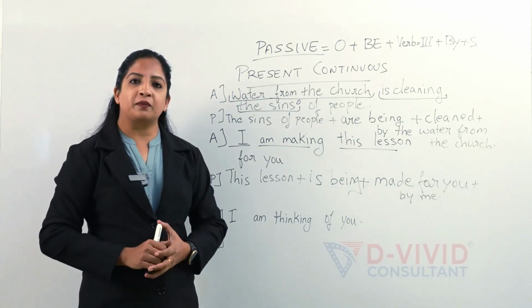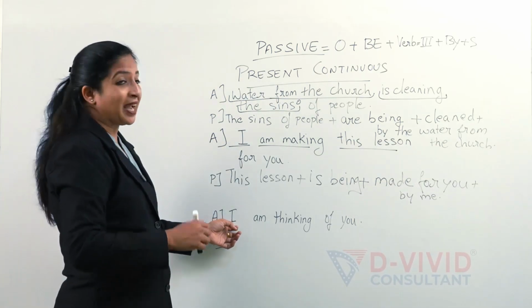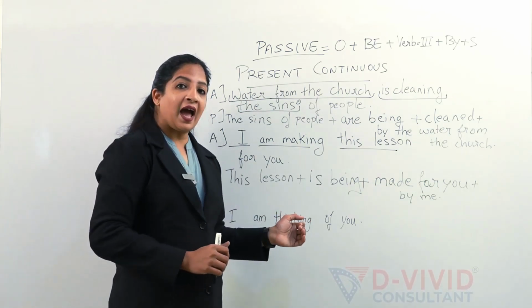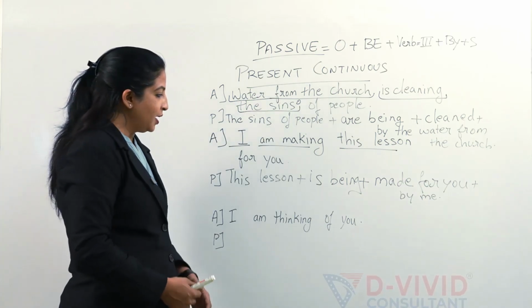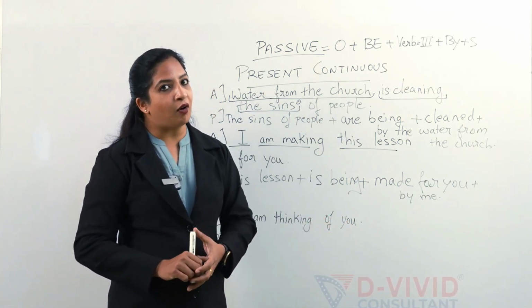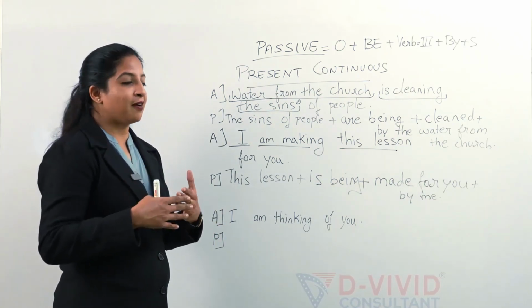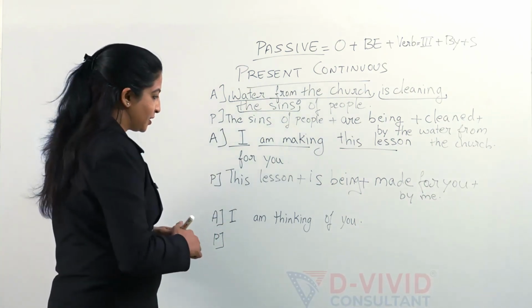Let us see this. I am thinking of you. So this is my subject, as we all know. I am thinking, so am thinking is my verb, and I have you as the object. Now just check if you have gotten it correct.